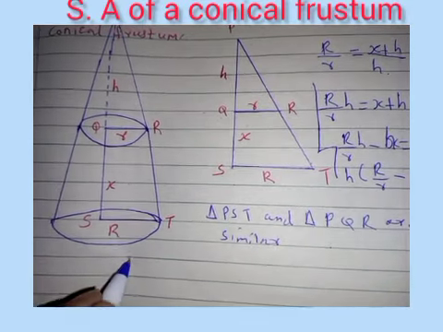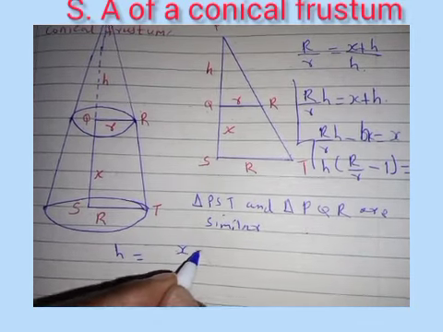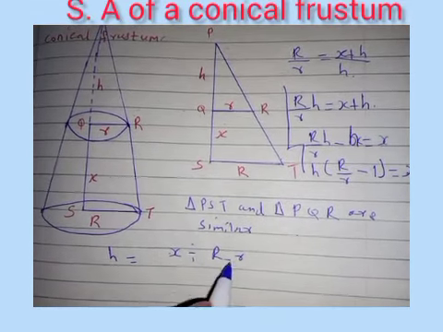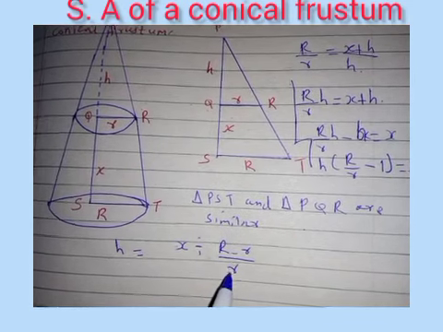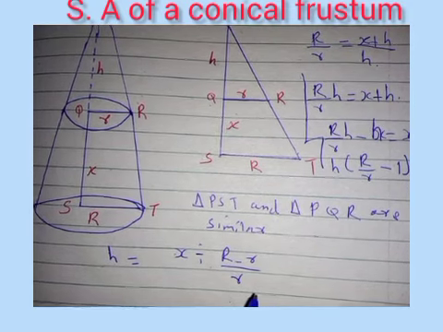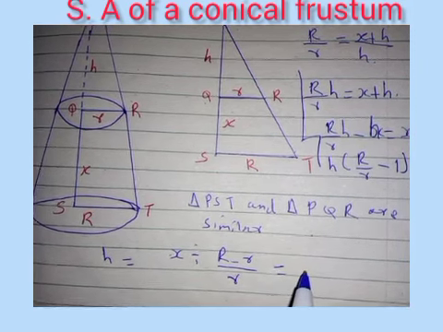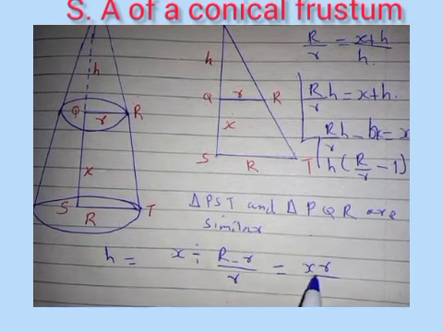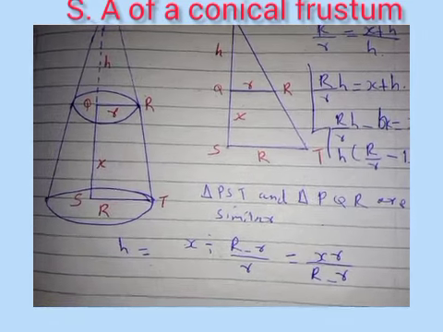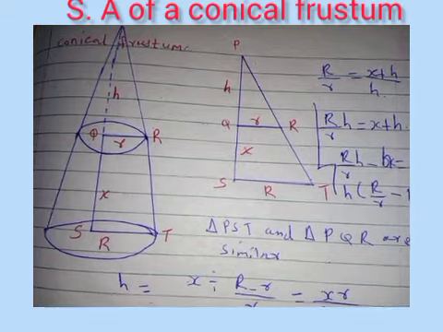So meaning that our h will be given by x divided by R over r minus 1, here we can write it as R minus r divided by r that way. Now from there this can be written as h equals xr divided by R minus r. So that is the value of the h from that diagram, using the similarity.